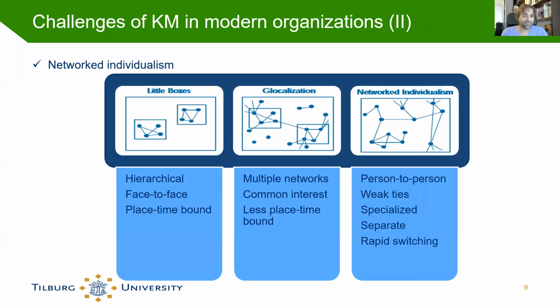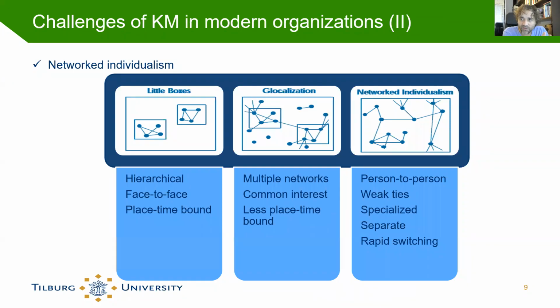Finally, knowledge management is challenging because the whole idea of an organization changes. If we go all the way back to the first lecture, I explained there that if you look at how more and more organizations function, they function more as networks of individuals instead of networks of teams.